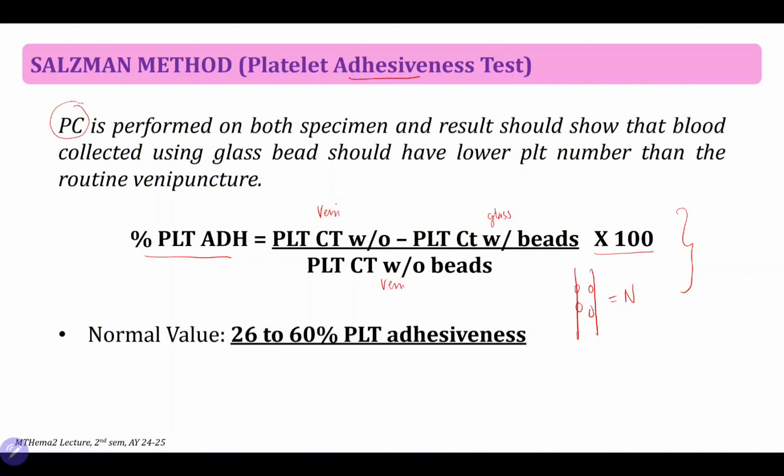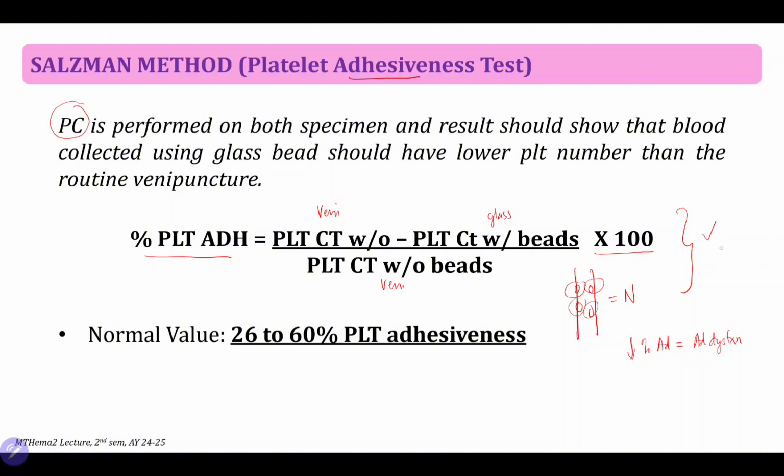Now, if you get a lower percent platelet adhesion, that means to say that the patient may suffer from platelet adhesion dysfunction, because the platelets do not stick properly to our glass bead, and therefore you would expect a lower result in this computation. Okay?